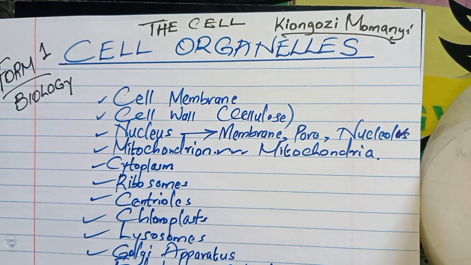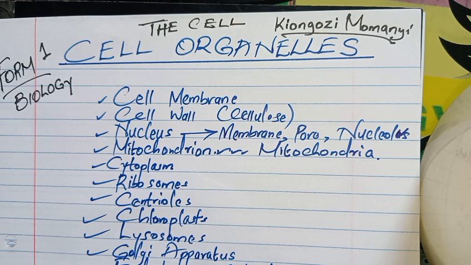We saw quite a very small number of organelles, and for that matter, I want to dedicate this video to all of you. Read with me, watch this clip, and let us do these other cell organelles, especially when you're using an electron microscope. When you use an electron microscope, remember you will see more cell organelles as compared to when you are using a light microscope.